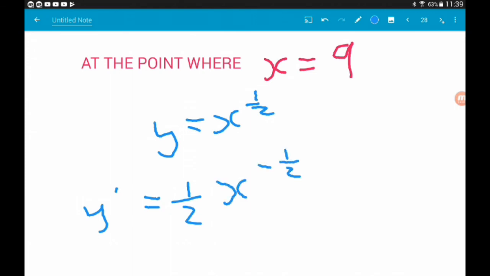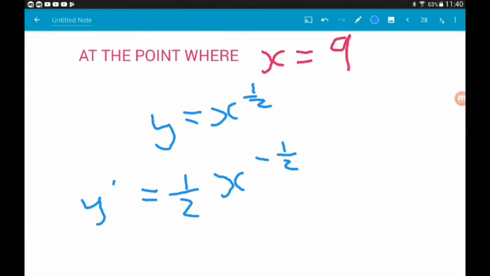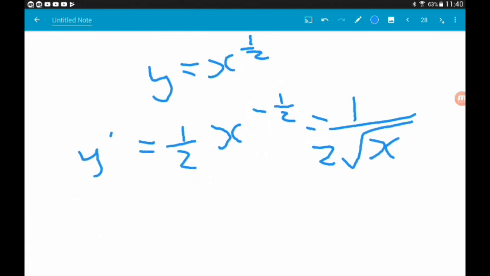Okay, so remember what happens there. The power goes down by 1. 1 is 2 halves, so 1/2 minus 2 halves gives us minus 1/2. We did this one earlier. That gives us 1 over 2 root x. We want the gradient at the point where x is equal to 9, so we substitute 9 into our derivative.